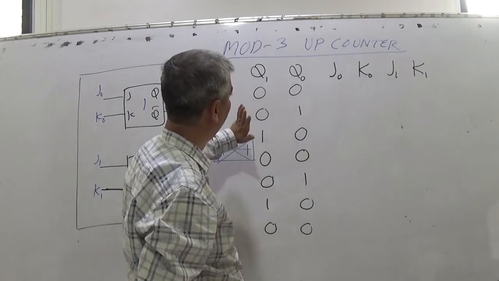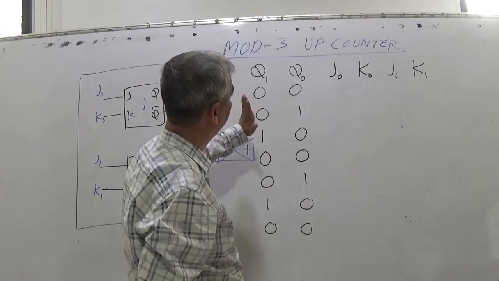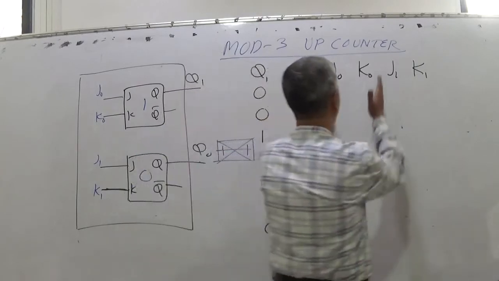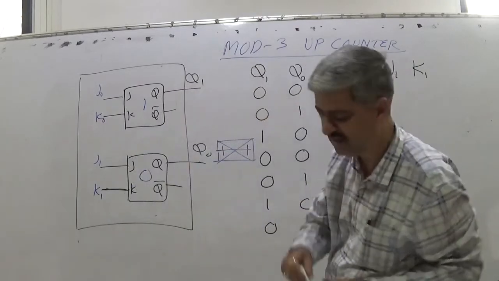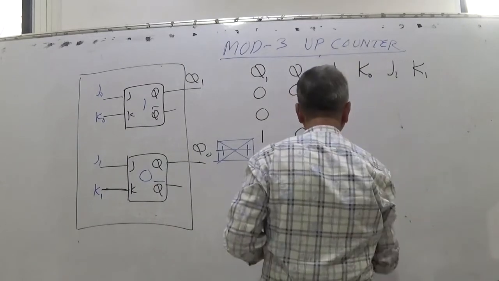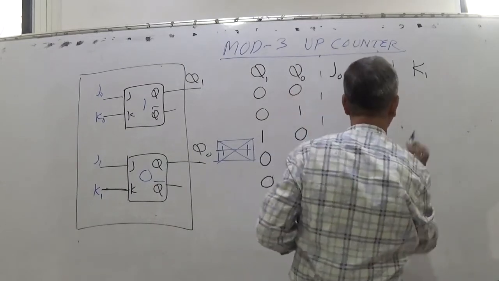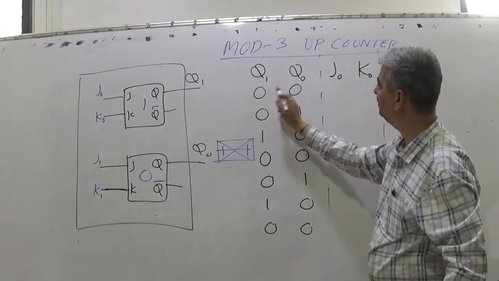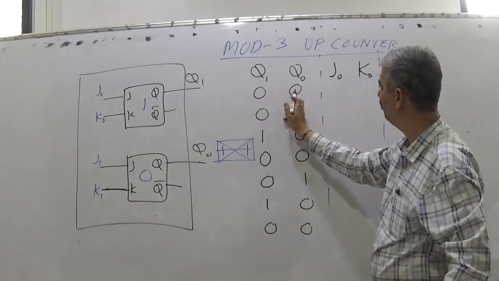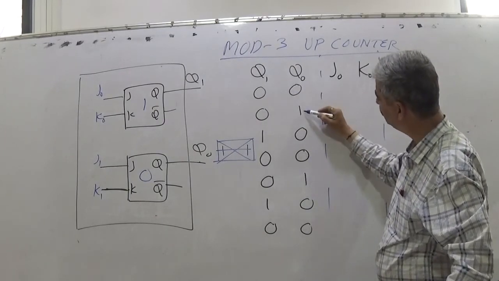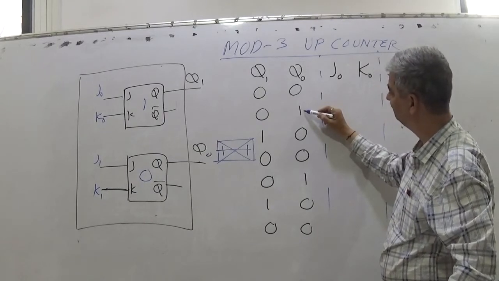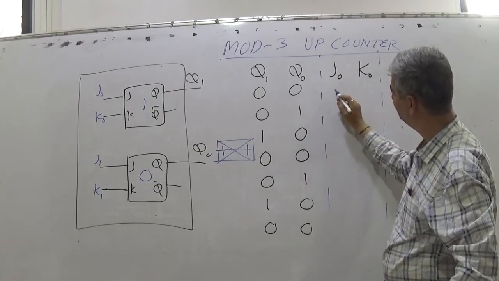So we need to decide for flip-flop number 0 separately and flip-flop number 1 separately. So Q1, Q0 are 0, 0, and we want Q0 to be 1. So what should be J0 and K0?